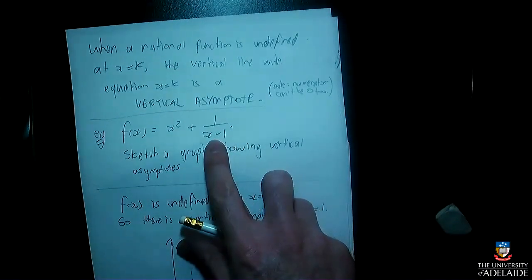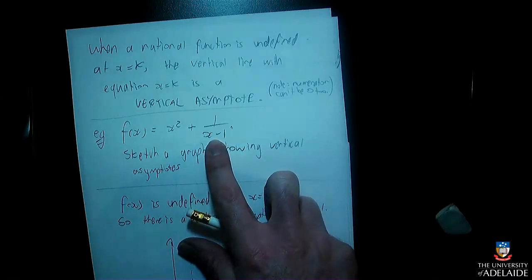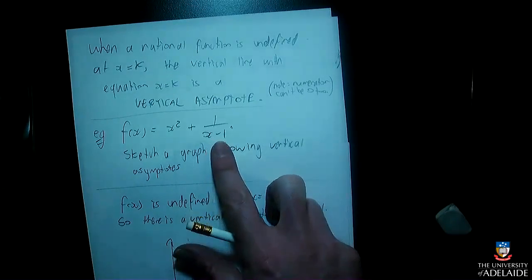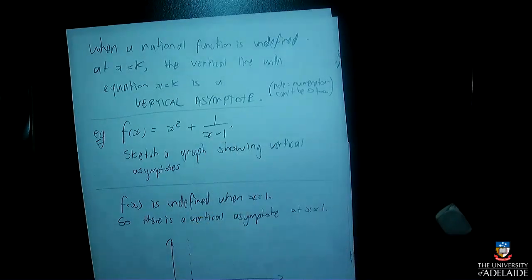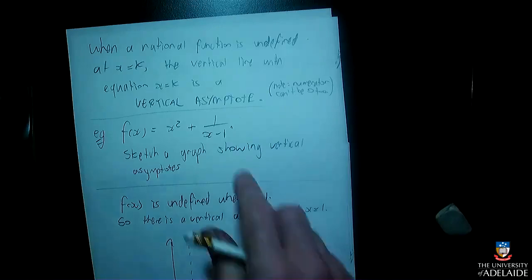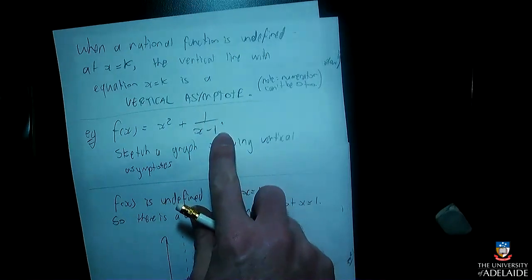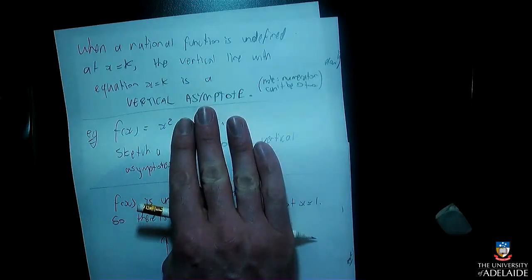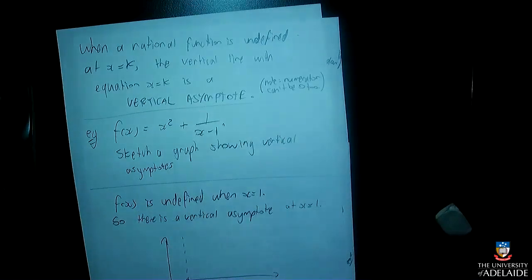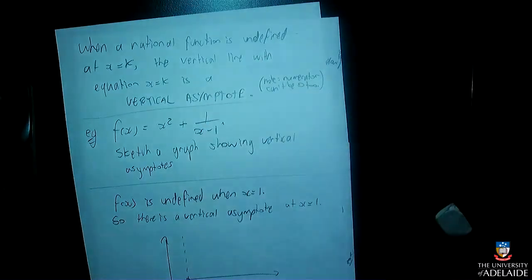If x is a very, very large number, like 1,000,000, then 1 over 1,000,000 minus 1 is approximately 0. So when x gets bigger and bigger, this bit gets close to 0, and so it gets close to whatever x squared is. And similarly, if x is a really big negative number, this will be close to minus 1 over 1,000,000 or whatever, and it'll be close to whatever x squared is, but it'll be a little bit less.